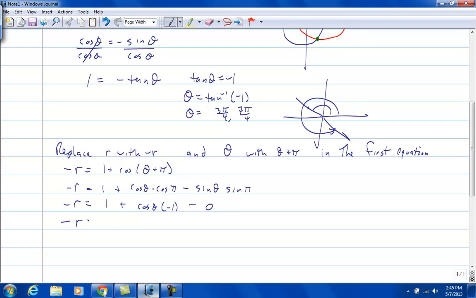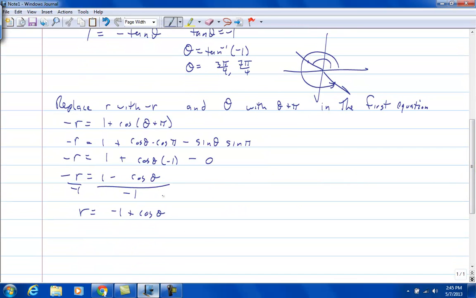So negative r equals 1 minus cosine of theta. Or divide both sides by negative 1, r equals negative 1 plus cosine theta. And if we set this equal to the sine part, negative 1 plus cosine theta is going to be equal to 1 minus sine theta.